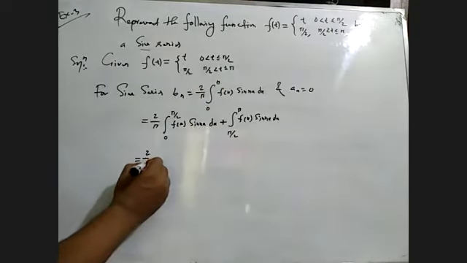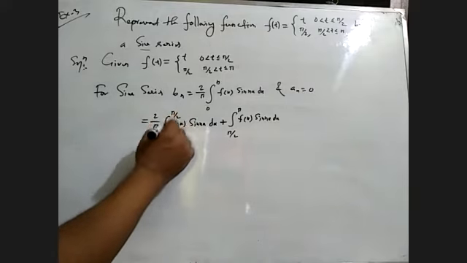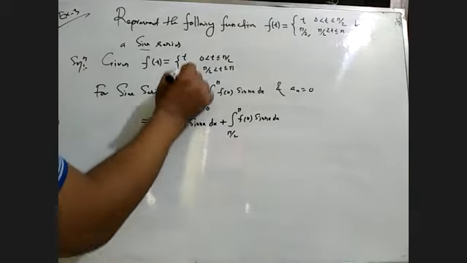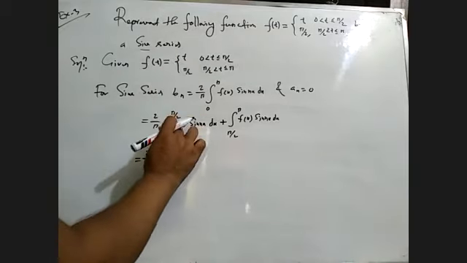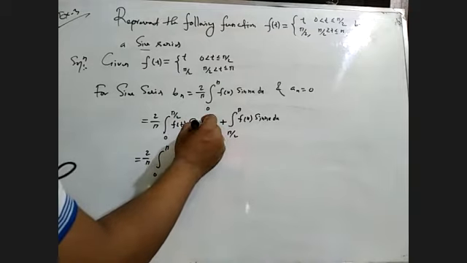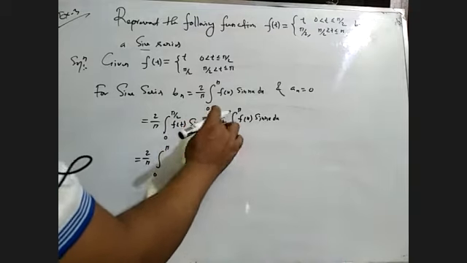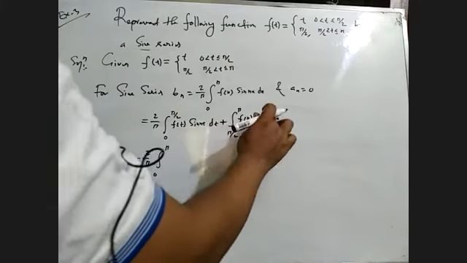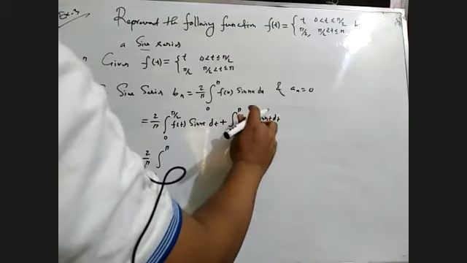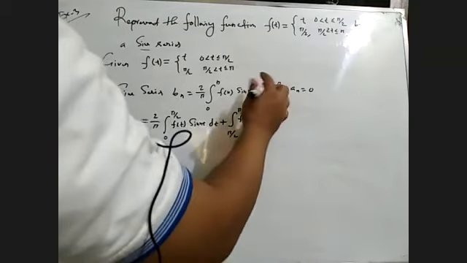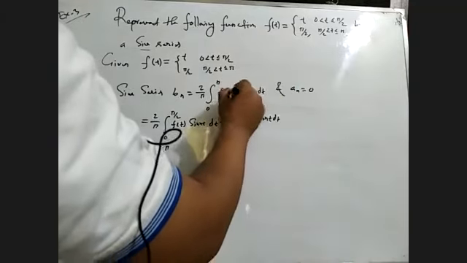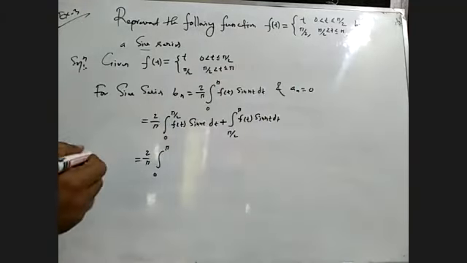Between the 0 to pi limit, f of t equals what? The independent variable is t here, so it is dt. I was doing it wrong before; remember, the variable will be t.